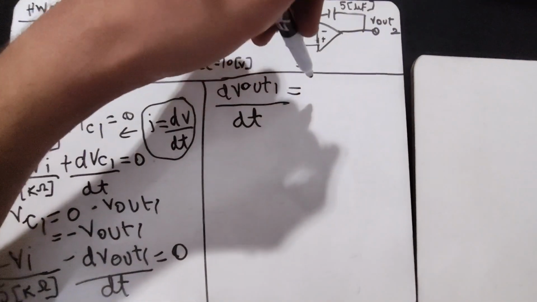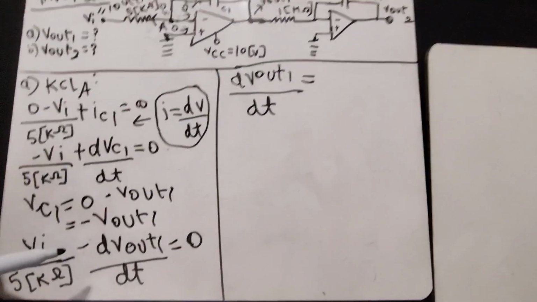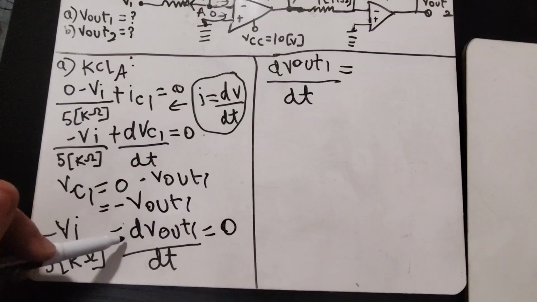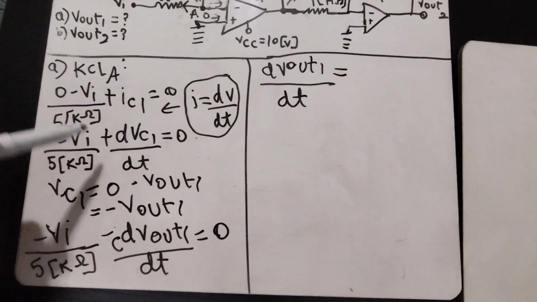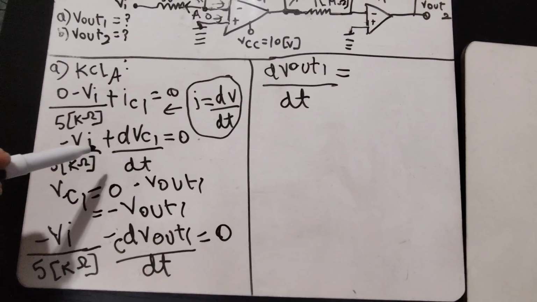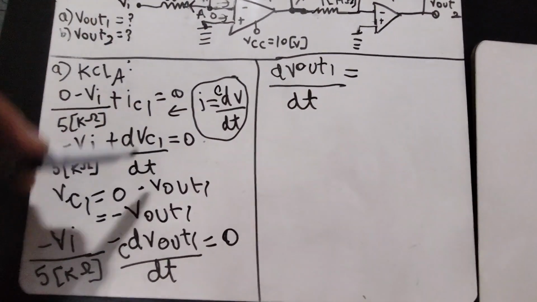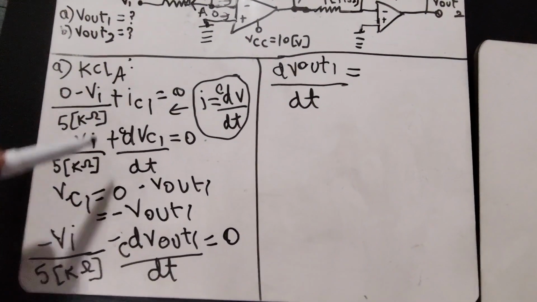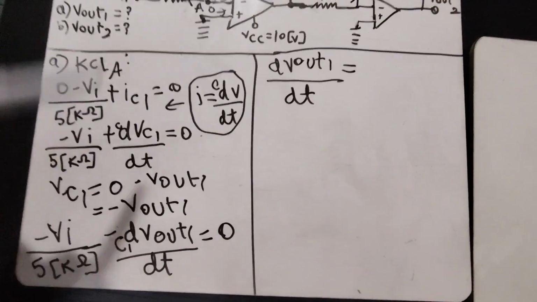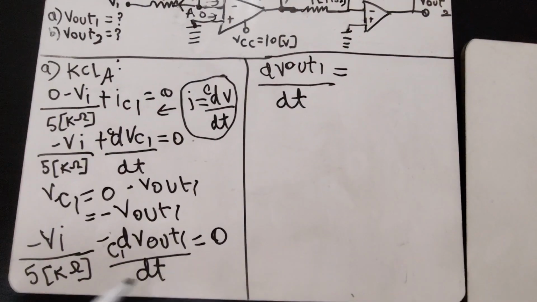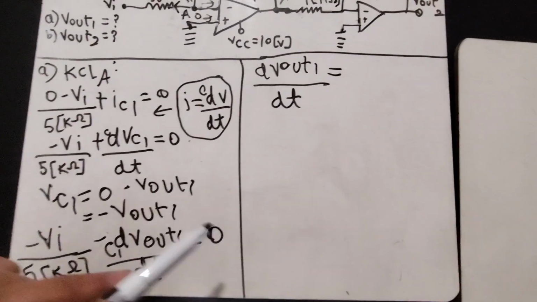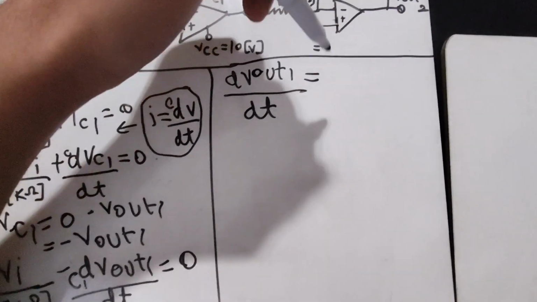Oh, we forgot a C here, there should be a C in the front. My bad. We need to isolate this, so we move this and move the C to the other side.